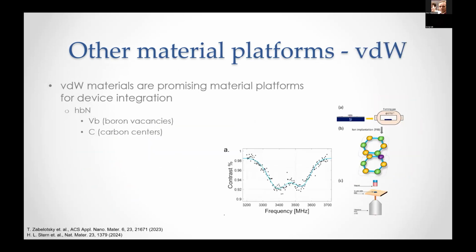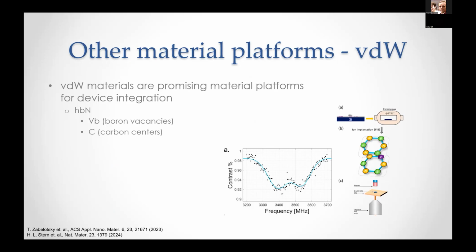I'll just mention briefly that when you're looking at other material platforms for useful color centers, you want perhaps materials that are easier to work with than diamond, but maybe you want materials that give you some other advantages. An interesting direction that people have been looking at is van der Waals materials, these materials that you can exfoliate to very thin layers like graphene, or in this case, hBN.